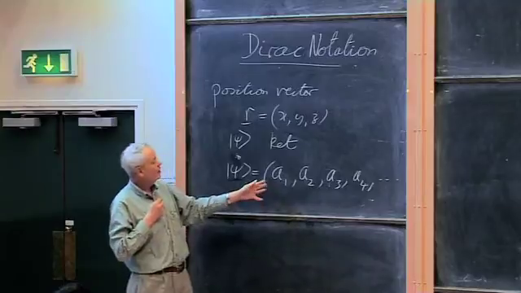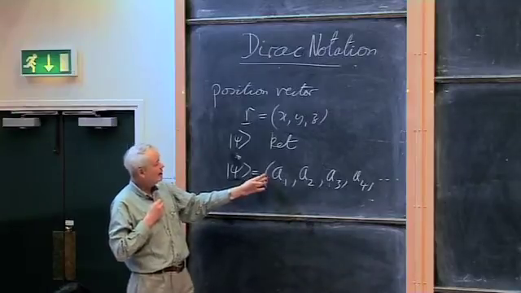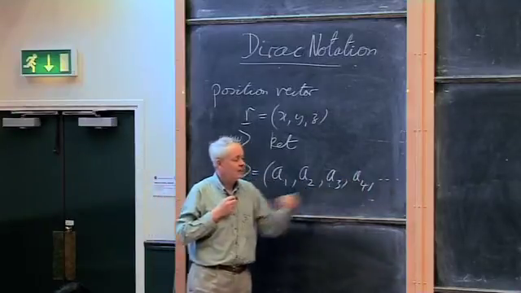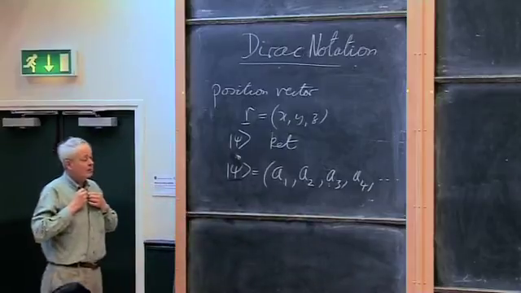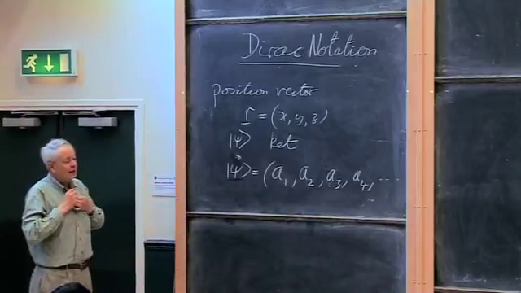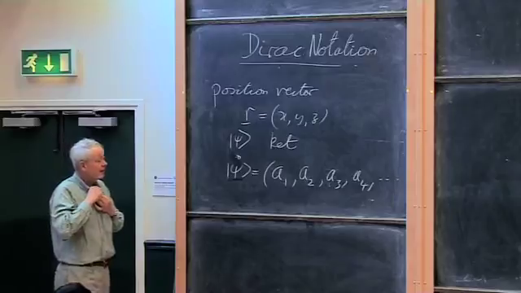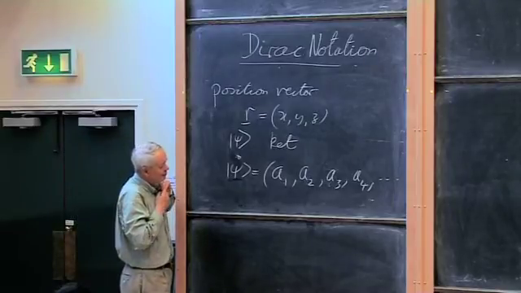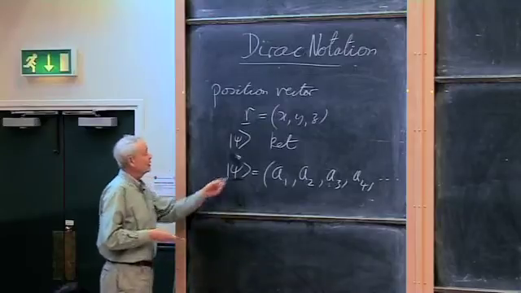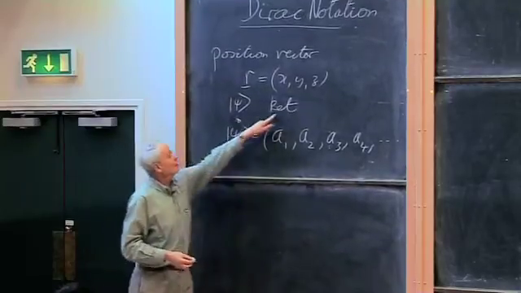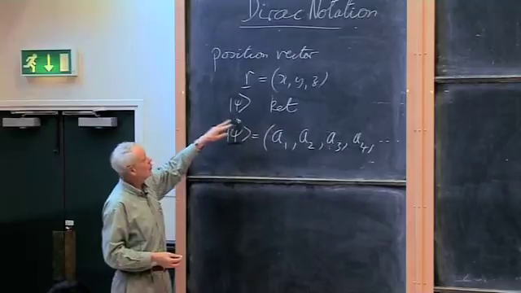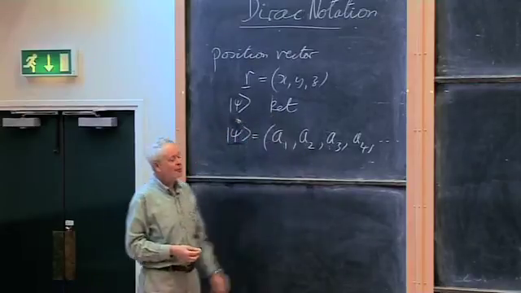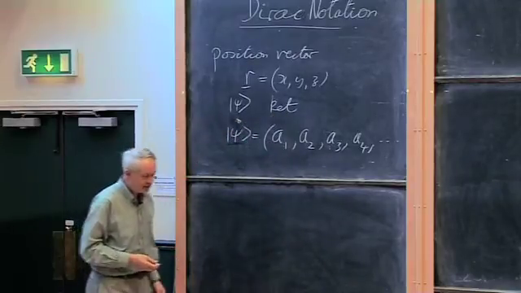We might find it convenient to use instead the amplitudes for the different possible measurements of the momentum or the position or whatever. We leave that flexible by using this symbol, the ket. And of course that is the back end of bracket. We will have bras in a moment.